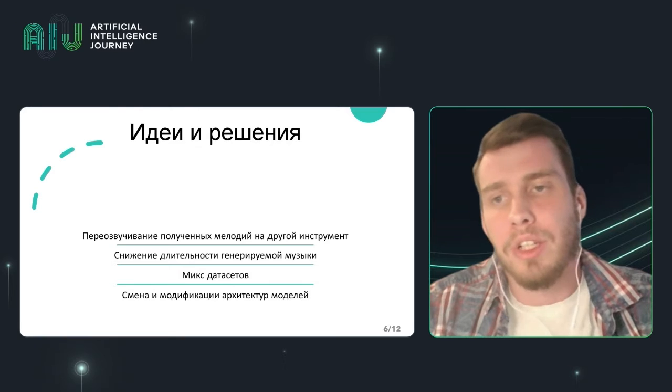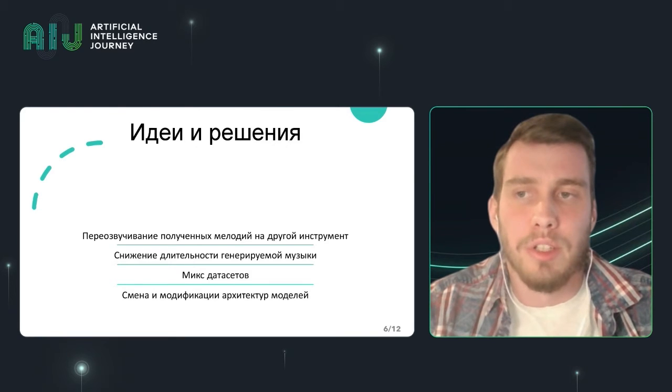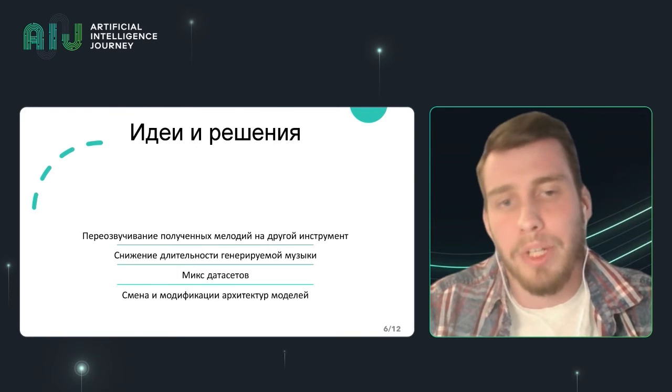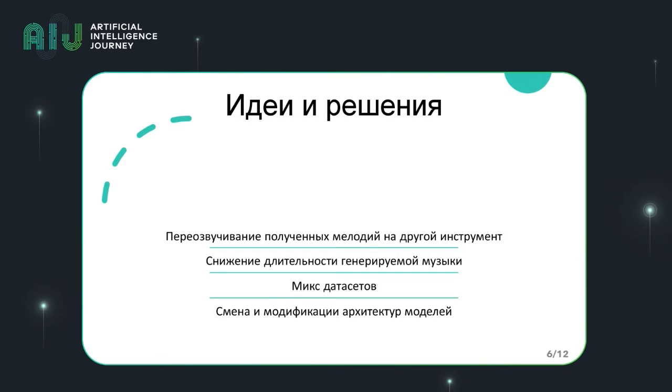A couple of words about the ideas and solutions that we had during the work on this project. One of the ways to completely change the perception of the music is just to change the instrument. By default, all the music is generated using the piano, but we can swap it for any instrument we like.